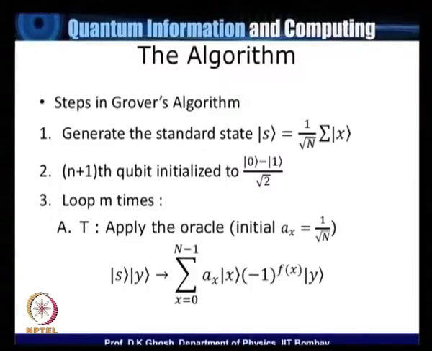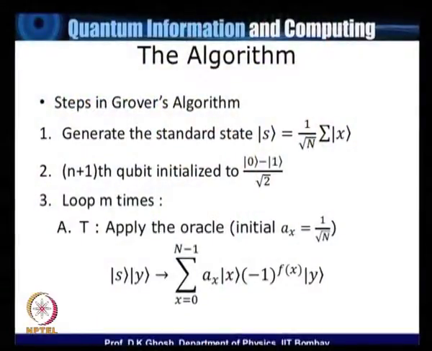Now I am going to apply the Grover operation on it m number of times, and m, as we have seen, is a quantity of the order of square root of n. So the way I do it is shown in the slide. I started with the standard state on line 1 and y on line 2, and so this is simply what happens after it has passed through the oracle.